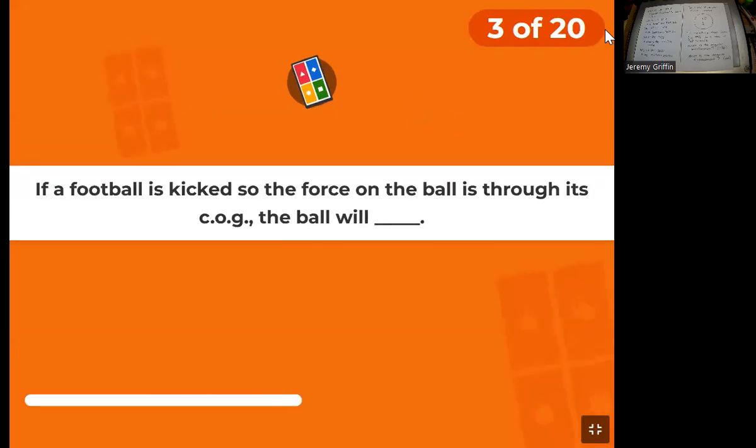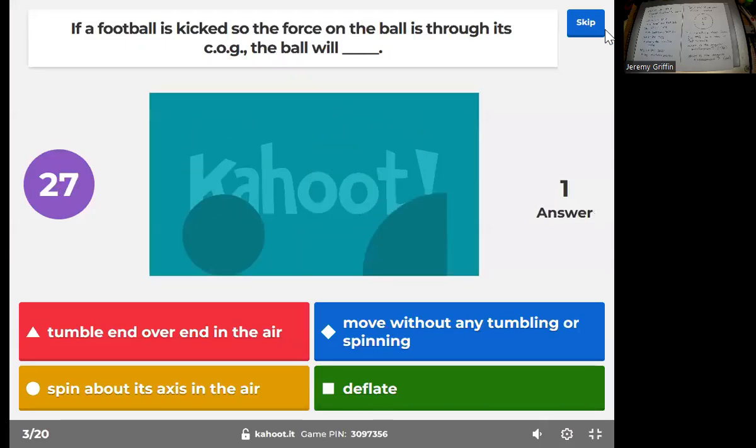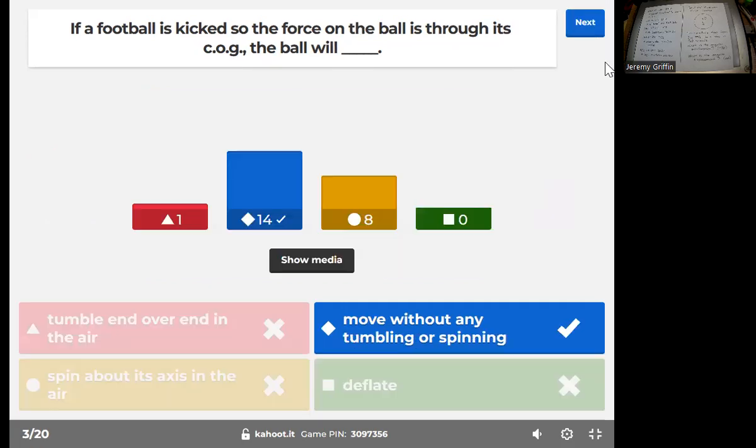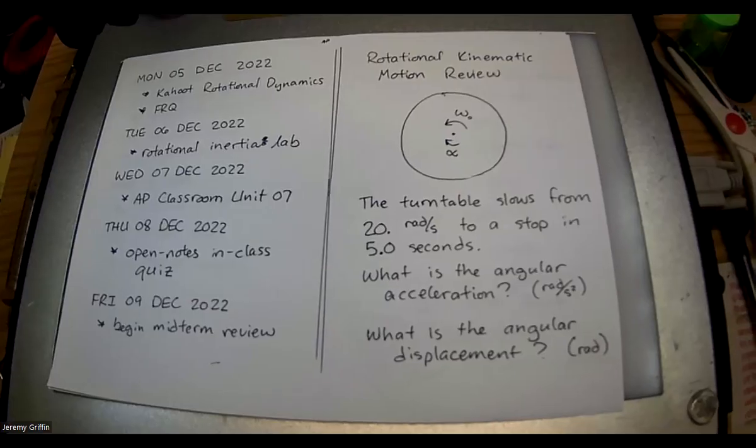If a football is kicked through the center of gravity, what's that ball going to do? Here, let me flip the screen and draw this up for you guys.